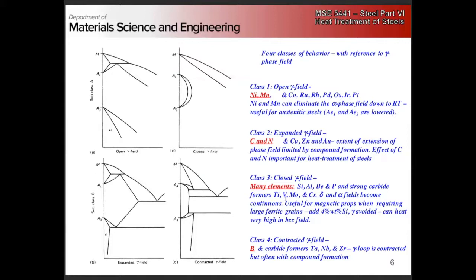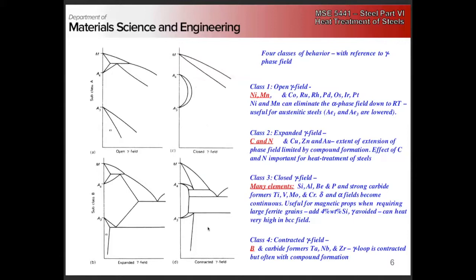So a lot of elements will tend to do this. Strong carbide formers, right? So titanium, vanadium, molybdenum, chromium, right? And then ferrite stabilizers, silicon, aluminum, beryllium, right? So this is a common type structure.